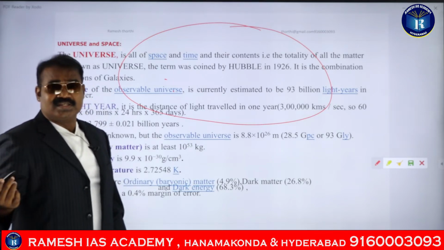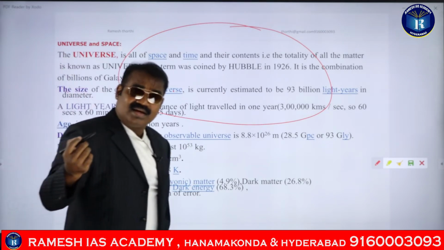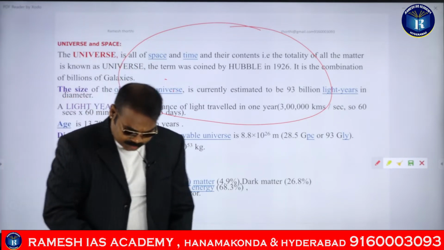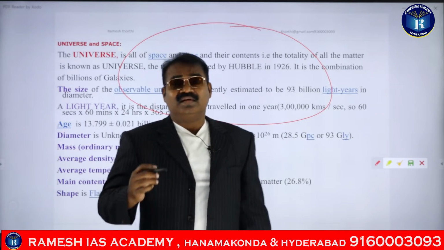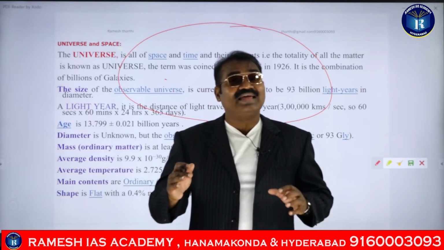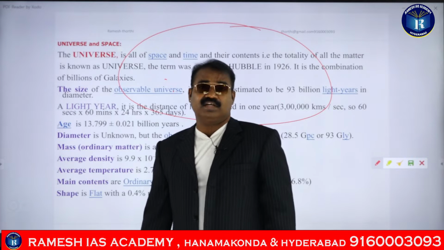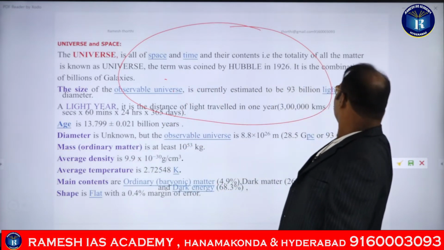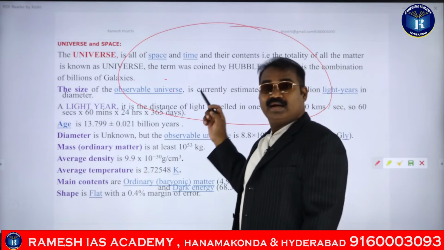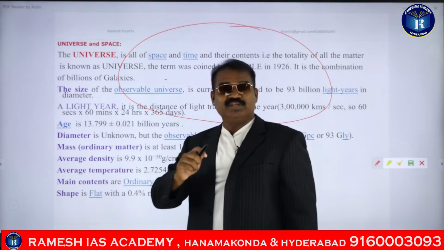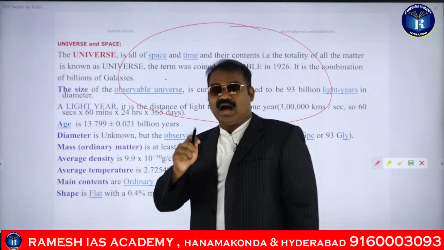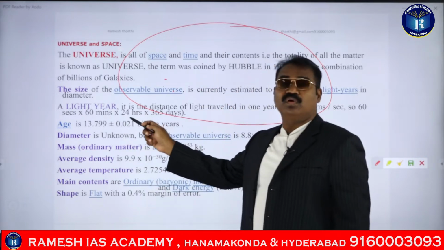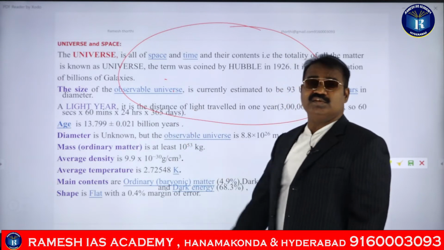And you know what a light year is, right? A light year is the distance traveled by light in 1 year. And with what speed does light travel? It travels at a speed of 3 lakh kilometers per second, multiplied by 60 for minutes, by 60 for hours, by 24 for a day, and by 365.